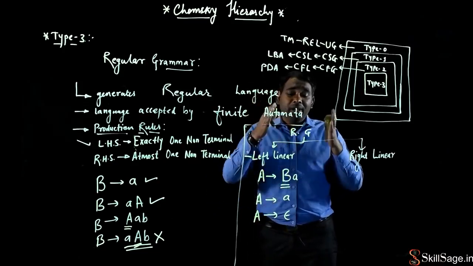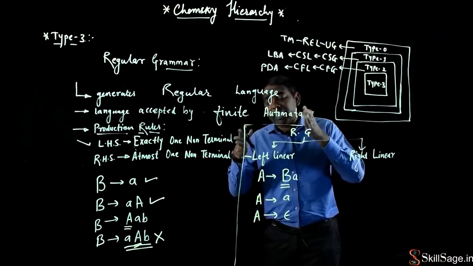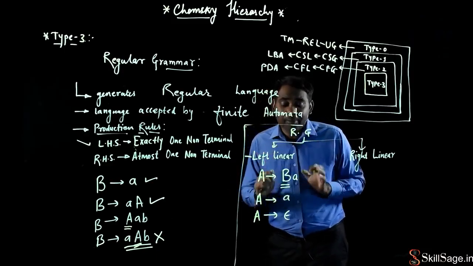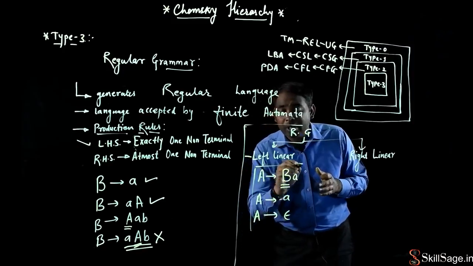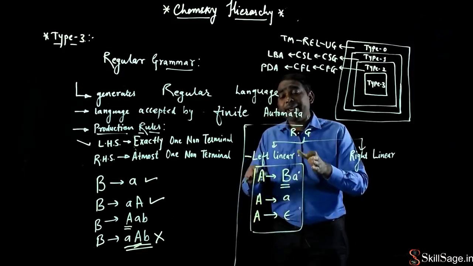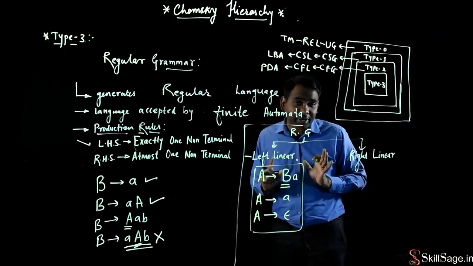Instead of that, any number of terminal symbols can be present on the right hand side of the production rules of a regular grammar. So all these three production rules are valid, and they are called a left linear regular grammar.